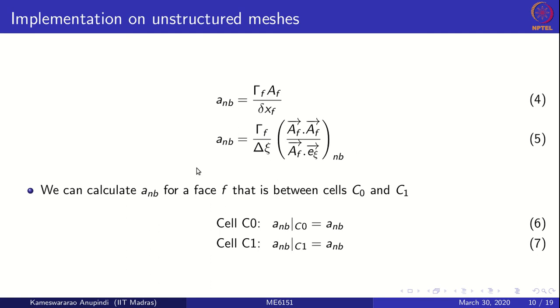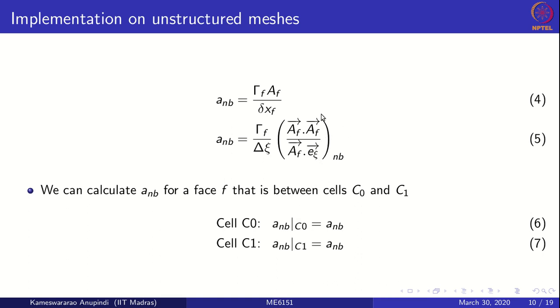Now we can calculate A and B for a phase F that is between cell C0 and C1, just like we have calculated for cell P and cell east. When I am in a particular phase, I know what gamma is on the phase, I know delta xi, the distance between C0 and C1, and I know AF and xi.